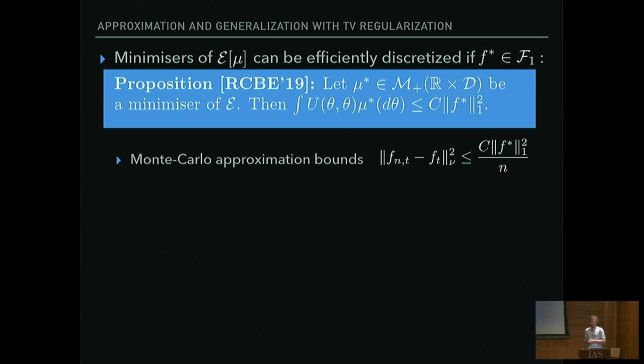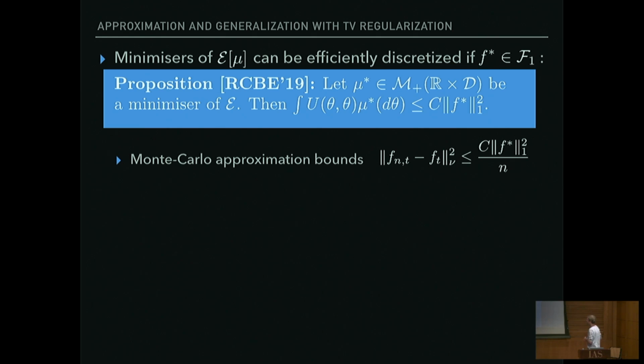The first thing we show is that, thanks to an appropriate regularization that we have added to the problem, we can control the minimizers of this PDE. In other words, if I have a minimizer of the energy, I can control this quantity that looks like a trace of the kernel by the complexity of the original function I'm trying to learn, the f star.